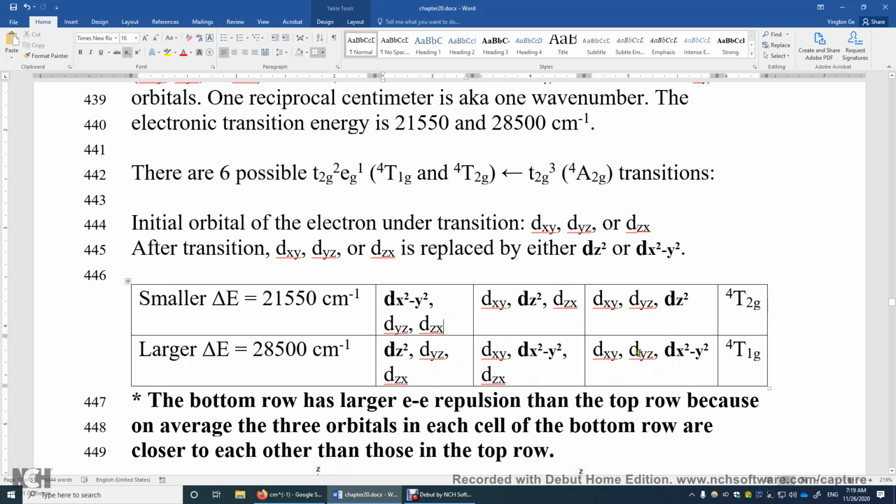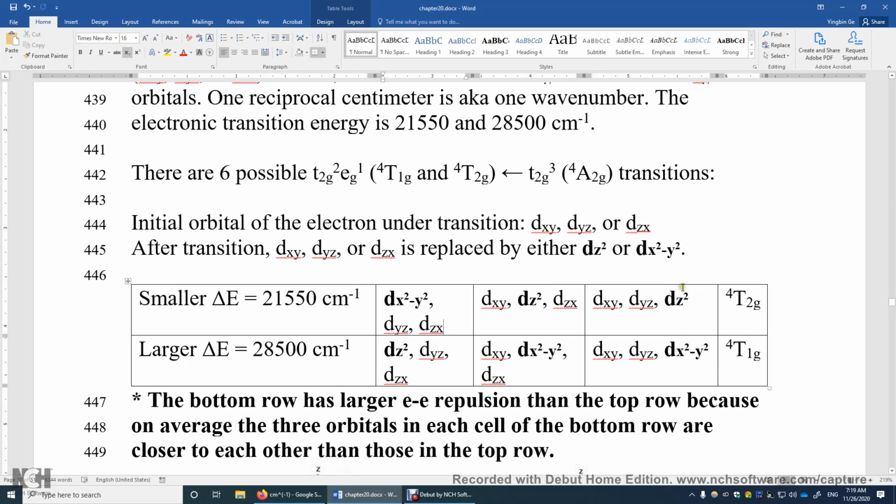The other 3 are grouped into this 4T1g symmetry. They have the same spin multiplicity as the ground state. But over here, this 2G, this 1G, they do differ in symmetry due to the different symmetry between dz squared and dx squared minus y squared.